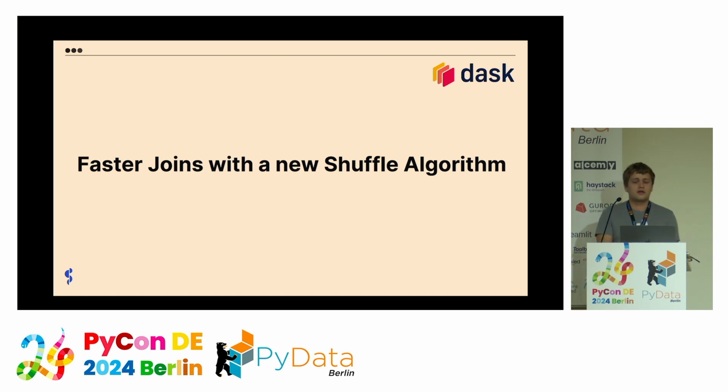The second part is how we made joins faster. So as you probably guess, if we need a slide for faster joins, then they sucked previously, performance-wise. Shuffling is if you have to send your whole data set that's currently somewhere in memory on a distributed cluster over the network.